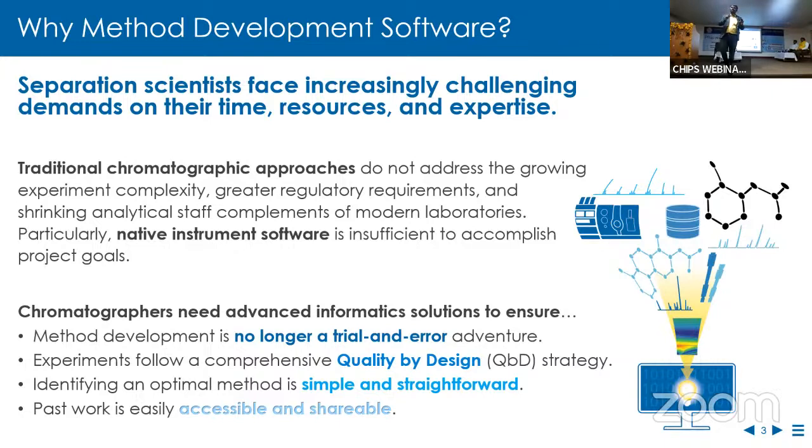When you transfer a method, for example, from one site to another, you develop a method here in your lab, and it is published. It has some good value in that publication.